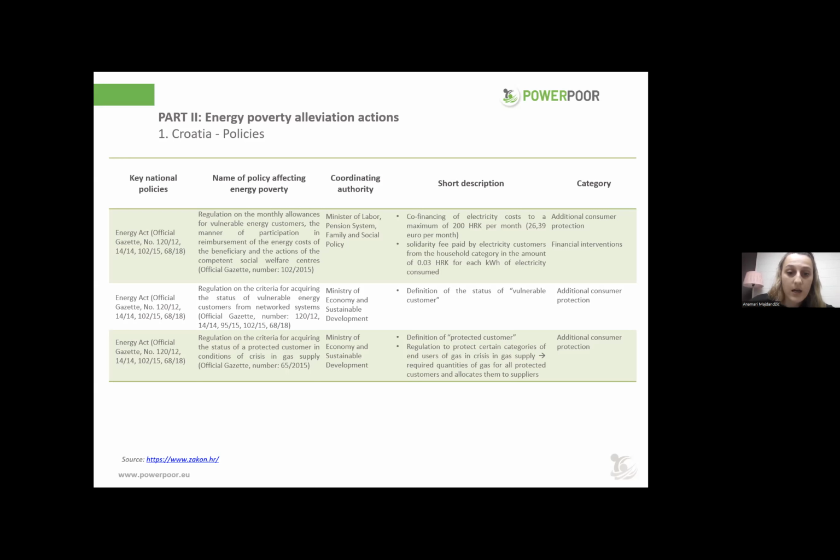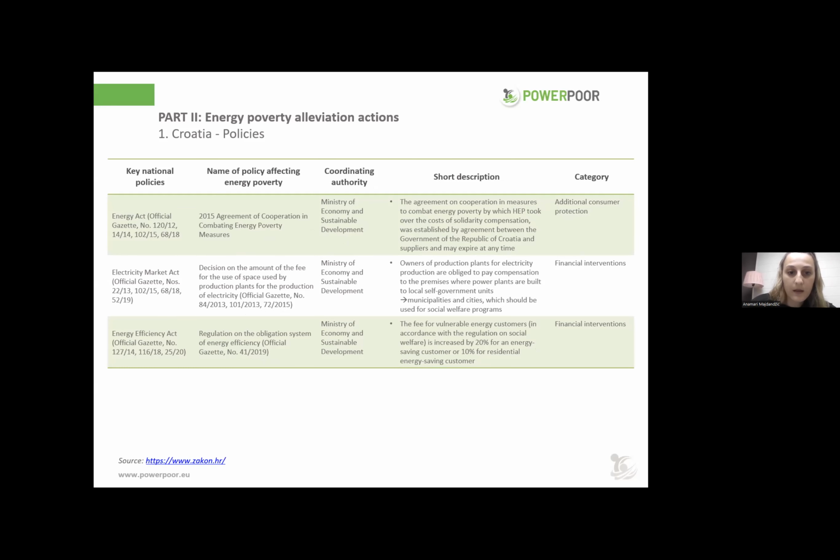In Croatia we have a definition of a vulnerable customer, or protected customer, through our policies. But the interesting thing is that the 70 euro voucher paid to the beneficiaries comes from the solidarity compensation on your bill, and it's not paid by the citizens, but by the Croatian electricity company.